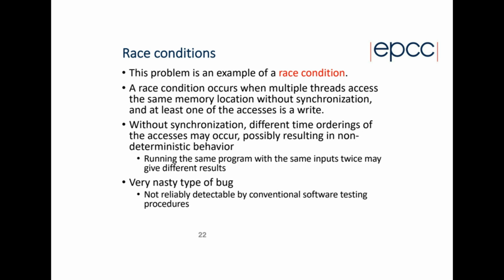And this is a really nasty type of bug because it's non-deterministic. It means it's not reliably detectable by conventional software testing procedures. You can't just write a conventional test suite or test programs to catch this sort of bug, because sometimes it might happen, sometimes it might not. You might run the program 100 times, and the first 99 times you get the right answer, and then the 100th time you get the wrong one.